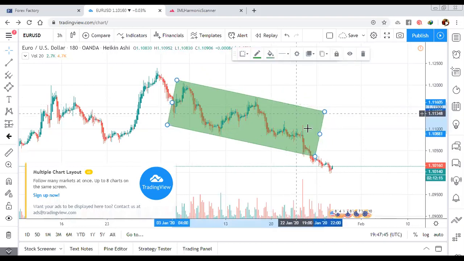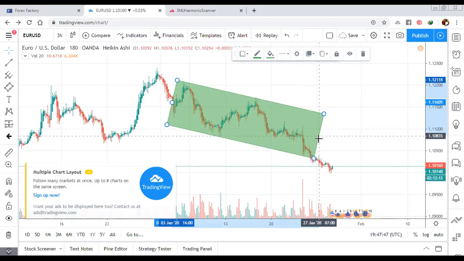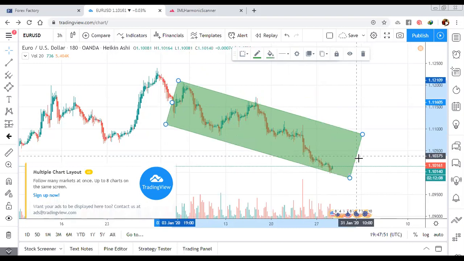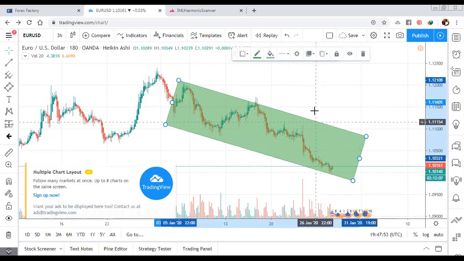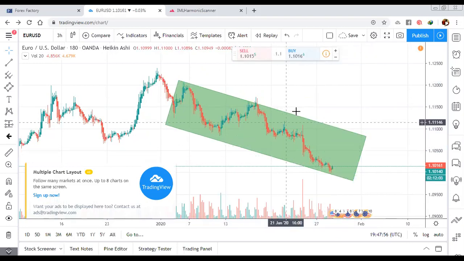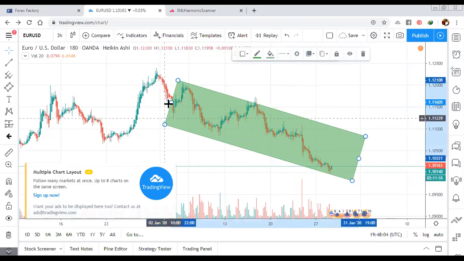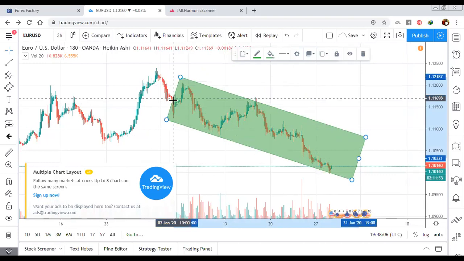And what type of channel is this? It is a sell channel. Now, why do I say the market is going on the downward trend when I don't really know what is happening?